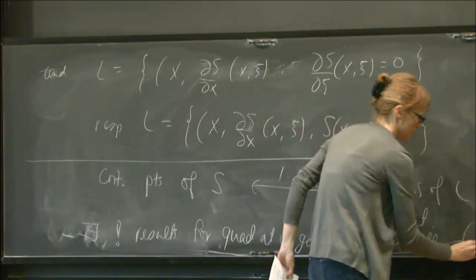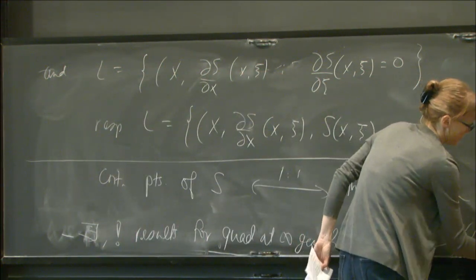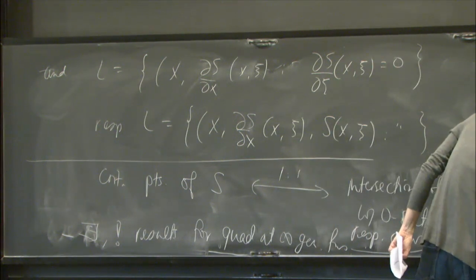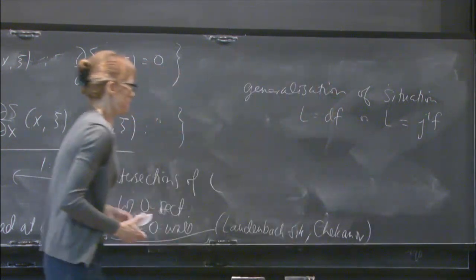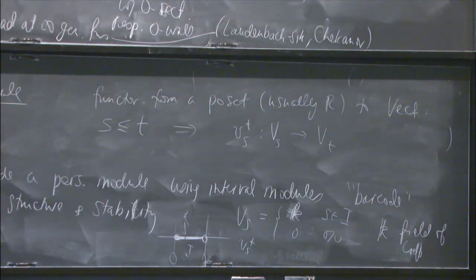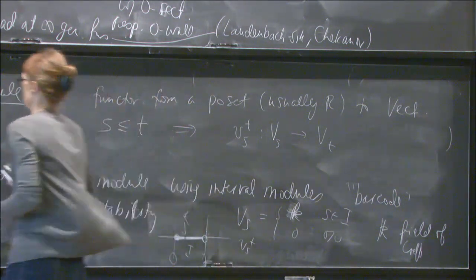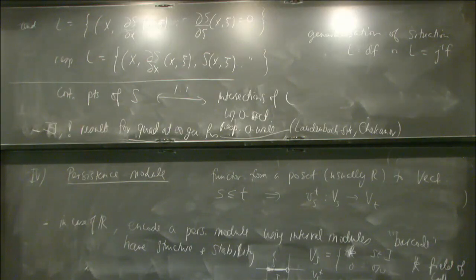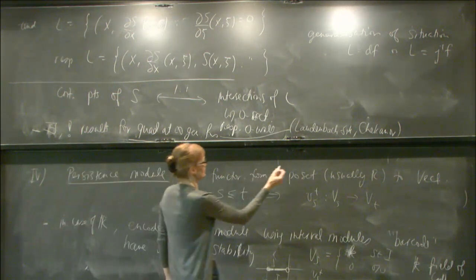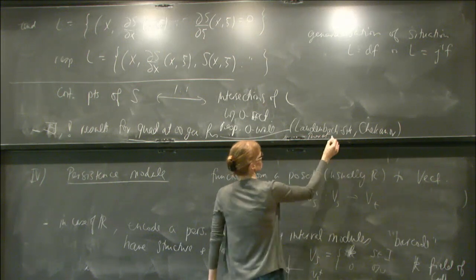So this is work of Laudenbach-Sikorav in the symplectic setting, Chekanov in the compact setting. Uniqueness is Viterbo. Also, I think Viterbo claimed it, and then I think a PhD student actually. Exactly, that's true. So the uniqueness, this is referring to existence, and here I should put Théret, or Viterbo, Théret.